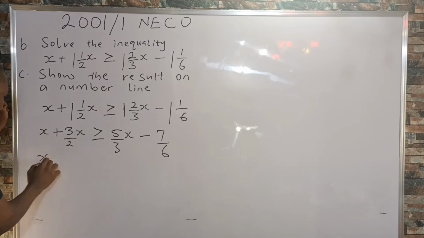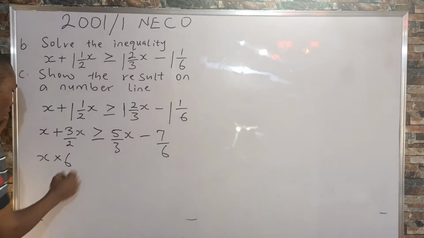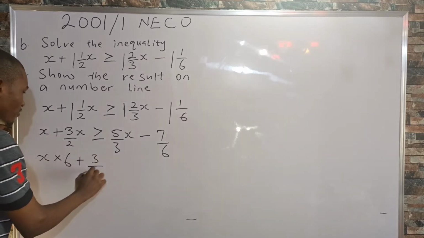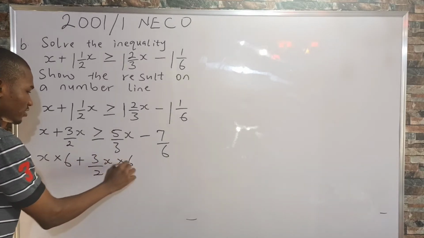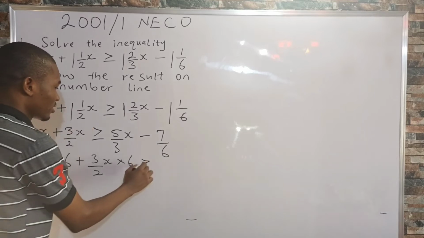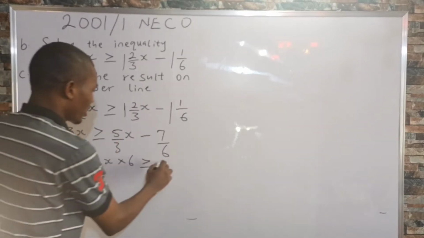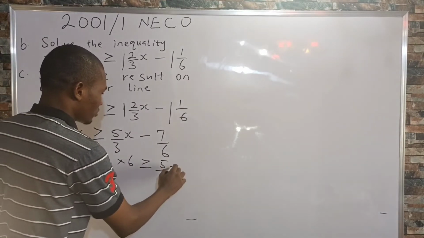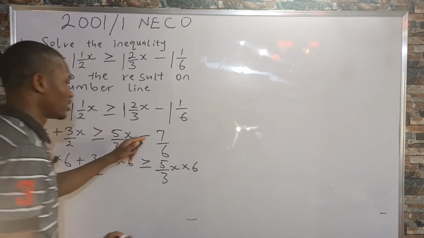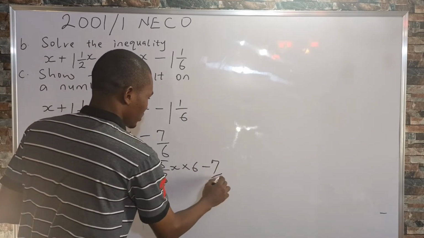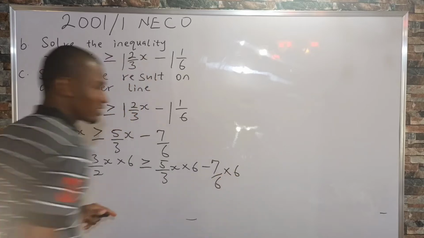Hence, we have x multiplied by 6, plus 3 over 2x multiplied by 6, and that is greater than or equal to 5 over 3x multiplied by 6, minus 7 over 6 multiplied by 6.